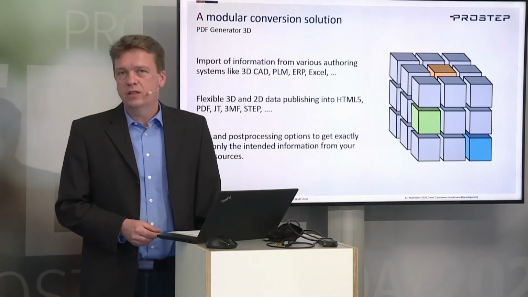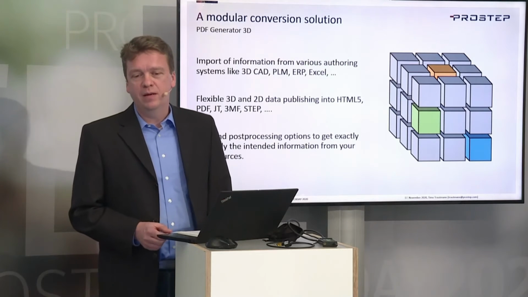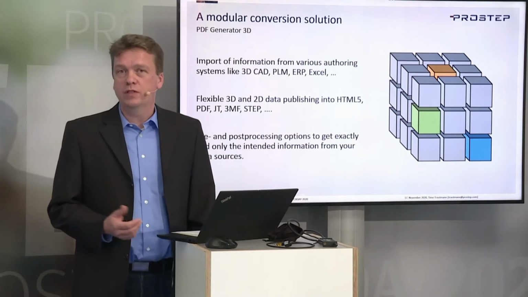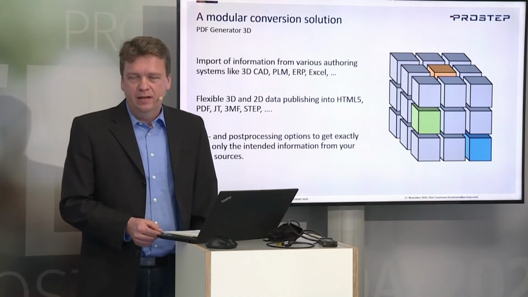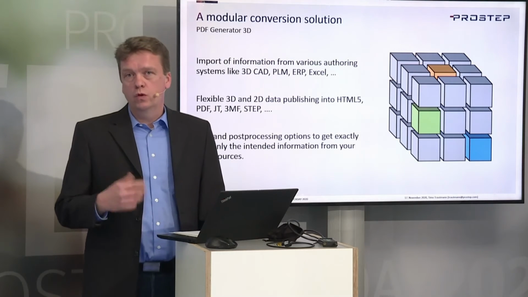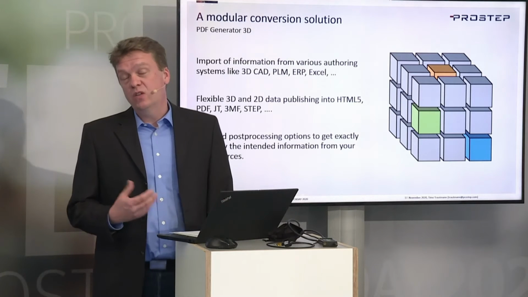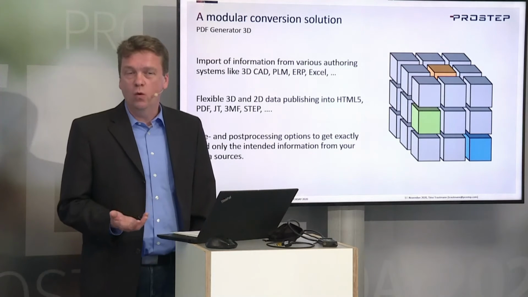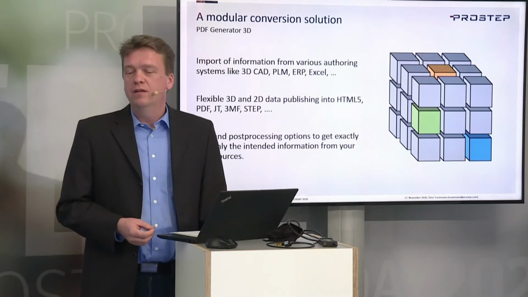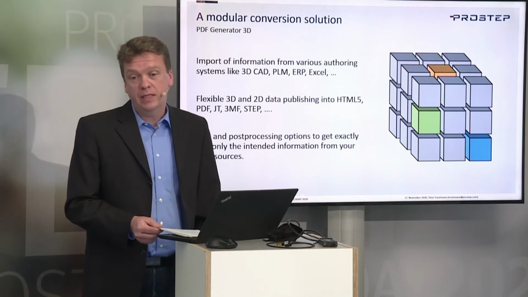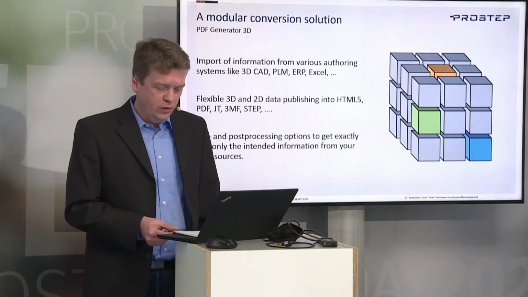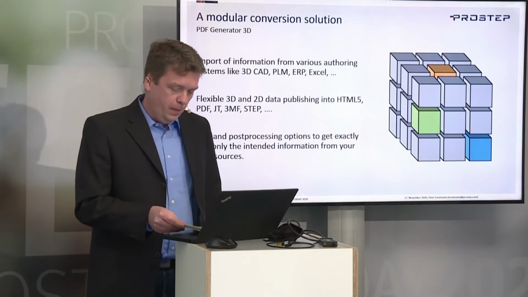Last but not least, and I think this is really our USP, we have significant pre- and post-processing options. That means if you address us with a requirement which we have never implemented in our product so far, then the probability is relatively high that we will be able to do it without changing the product, because we can adapt our product quite significantly and therefore meet the requirements of your process.